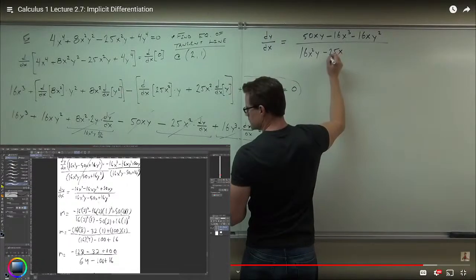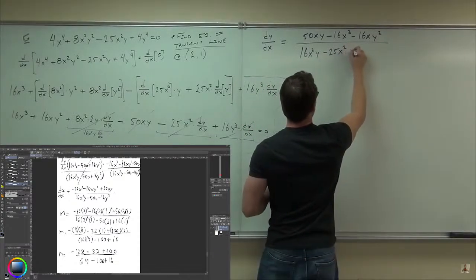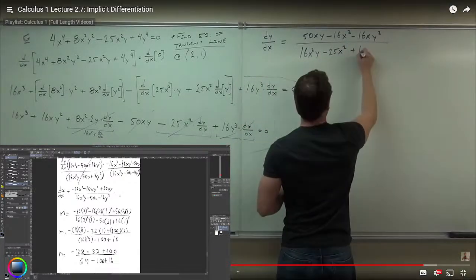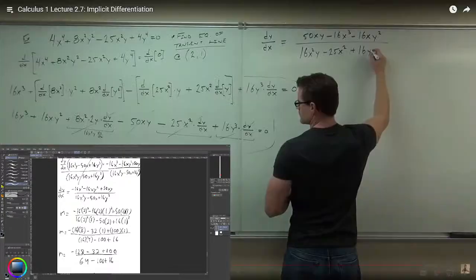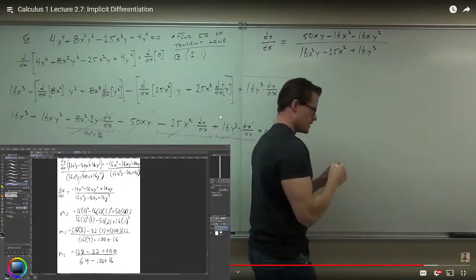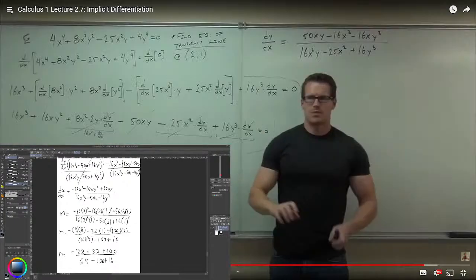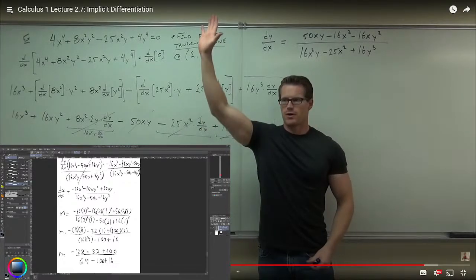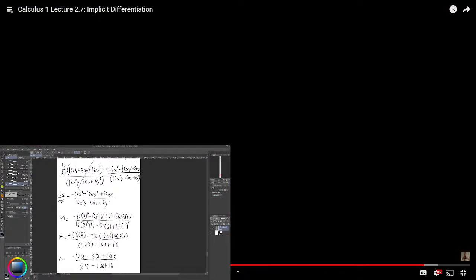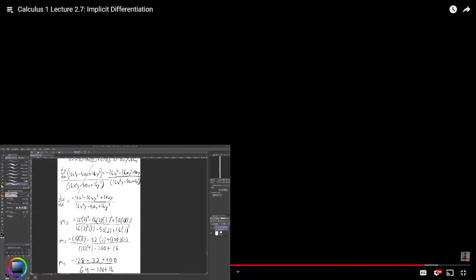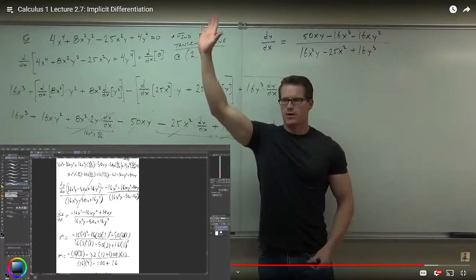Let's see if that's what I got. 50xy minus 16x cubed minus 16xy squared over 16x squared y minus. Okay, quick show of hands. How many people were able to follow? 25. Are you kidding? Plus 16y cubed. Is that the only thing I got wrong?